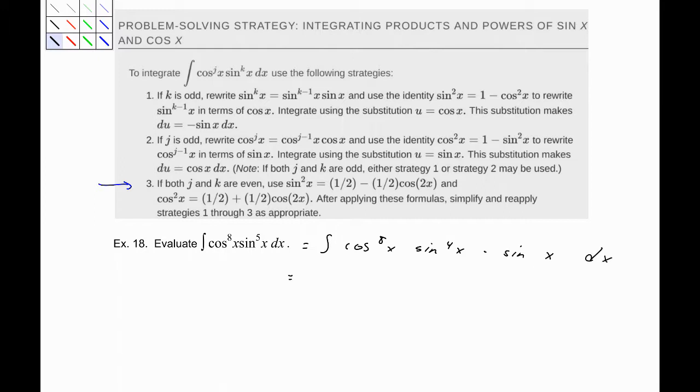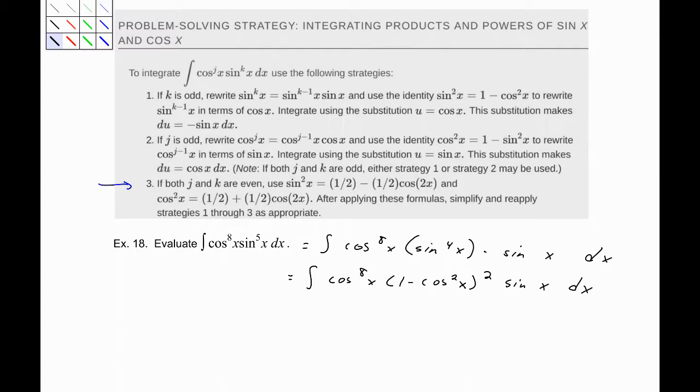Now I'm going to use my Pythagorean identity on this one right here. So that will be the integral of cosine to the 8th x, 1 minus cosine squared x, squared, since that is to the 4th power. And then we have our sine x dx.